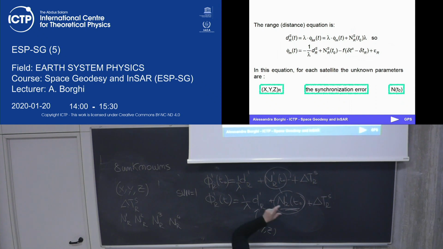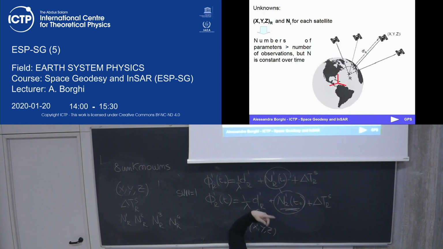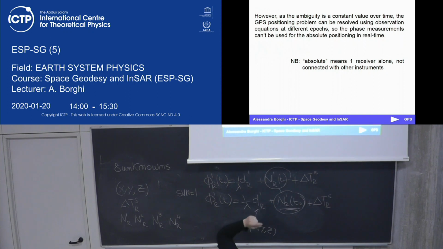Okay, we have all these unknown parameters, so we have to increase. Just a definition: absolute position means one receiver alone, not connected with other instruments. Because for topographic surveying we can use phase for real-time navigation applications, but it's a different technique that we need, not just the satellite and our receiver, but also other receivers around us.